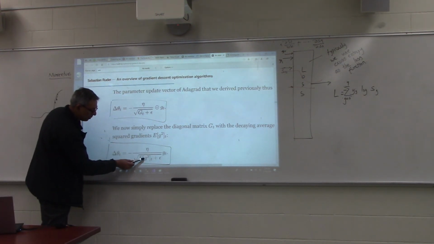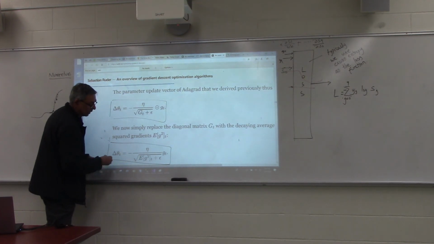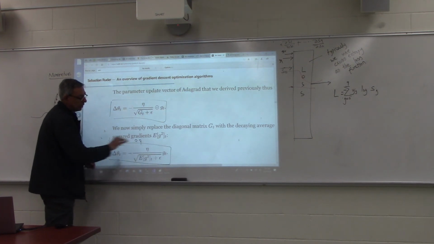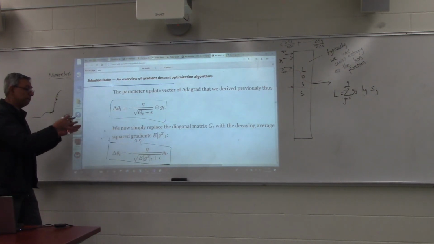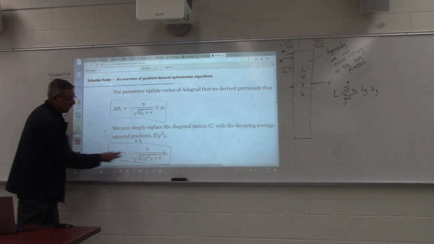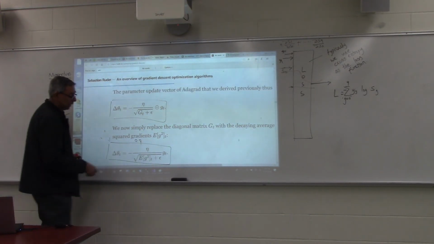This is because its previous history is being discounted by 0.9 each time. So you can see it will not keep growing because after a certain point in time, the previous values will hardly contribute.